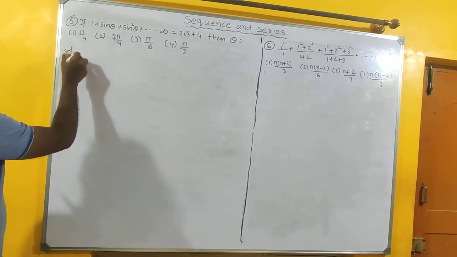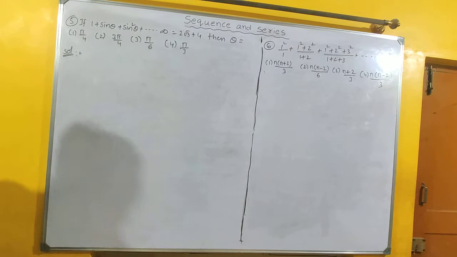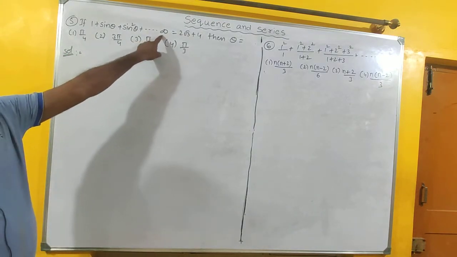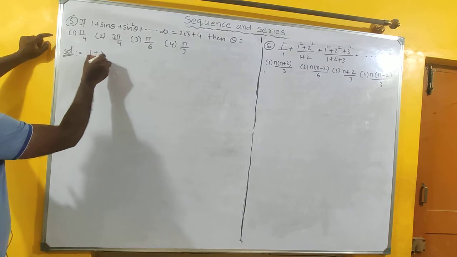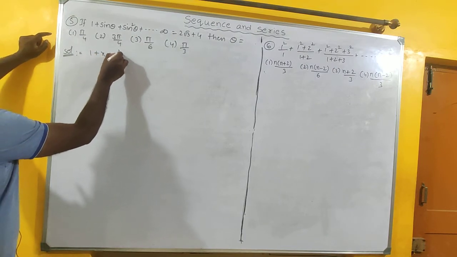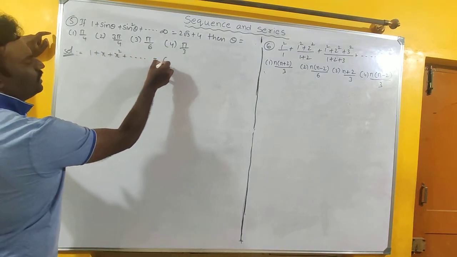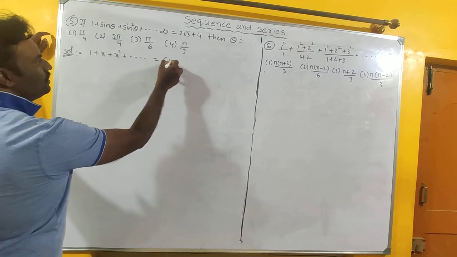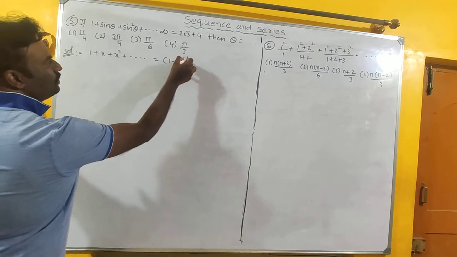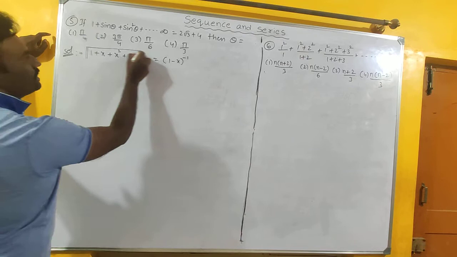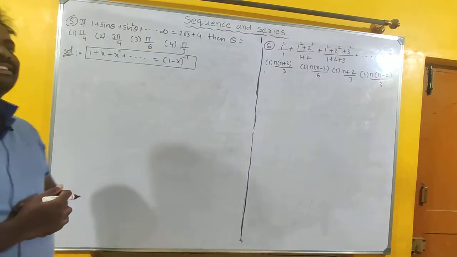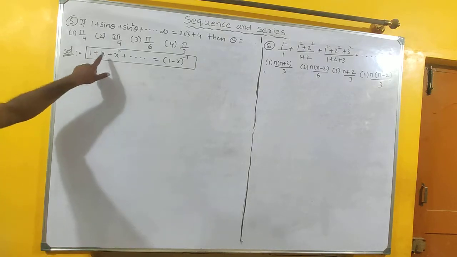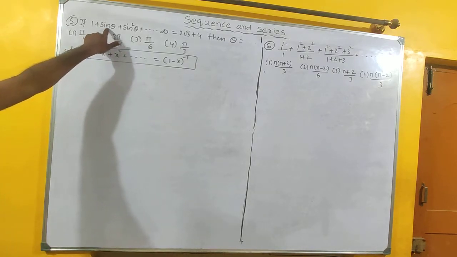See, in the fifth question, this is an infinite series. So we have one formula: 1 plus x plus x square plus, and so on, can be written as (1 minus x) whole power minus 1. It is a formula in the exponential series. In place of x, sin theta will be there.